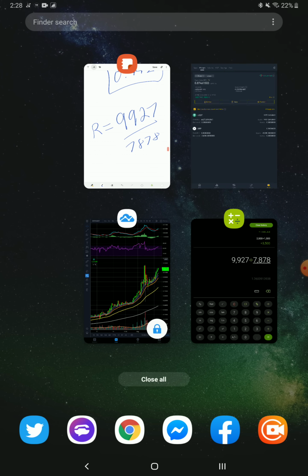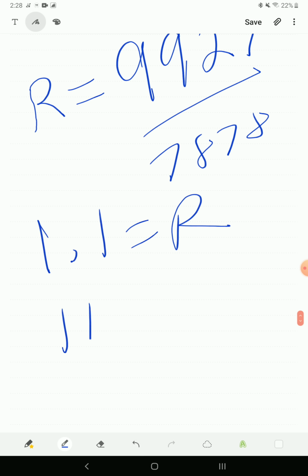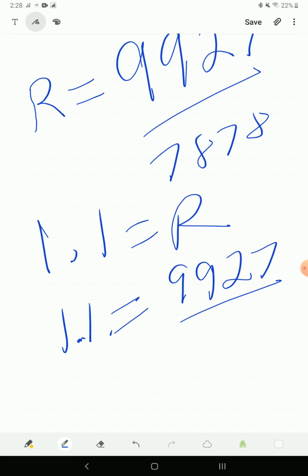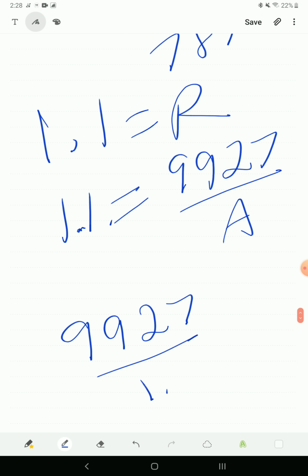So now we're going to change it around. We're going to say R is 1.1, so 1.1 is equal to R, which equals 99.27 divided by A. So now you just take 99.27 divided by 1.1, and that's what A is equal to.